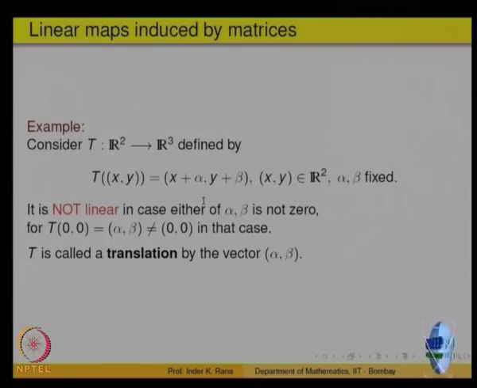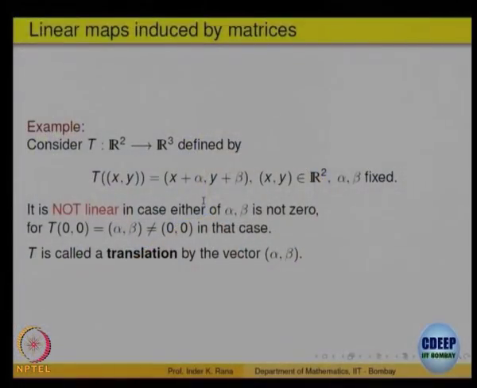That is a necessary condition. So, T linear implies T of 0 is 0. Whenever we want to check whether something is linear or not, first verify the necessary condition, right. That is how necessary conditions are used. So, it is not linear, okay.